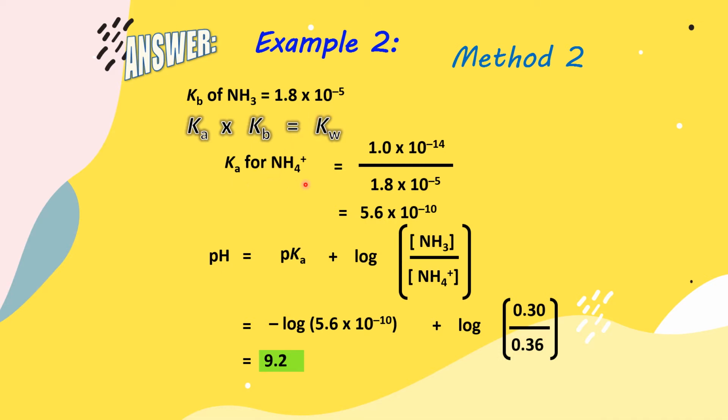Because the question asks about pH, we can find the pH through Ka. So pH equal to pKa plus log of the weak base over the conjugate acid. So you have to reverse the position of the weak acid and conjugate base as well, and then substitute, and you get 9.2. So it depends on you, both methods are acceptable.